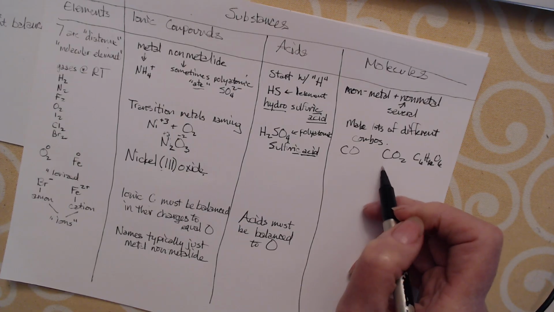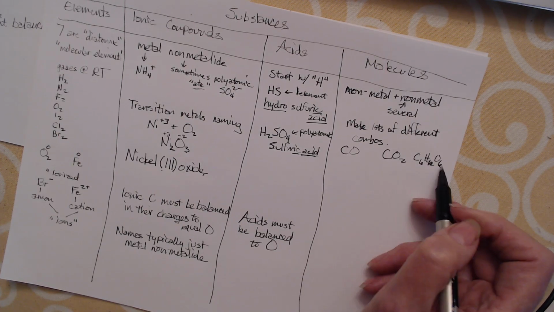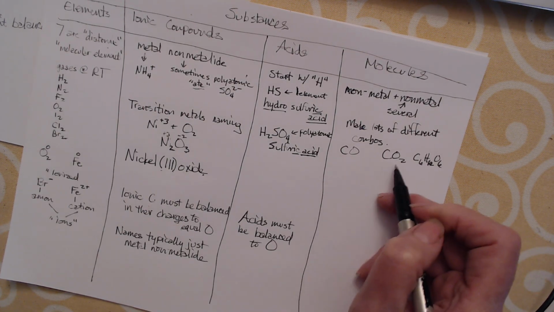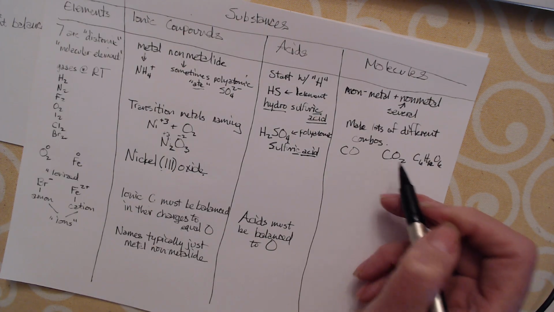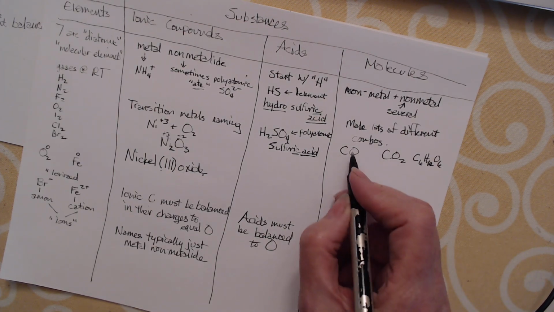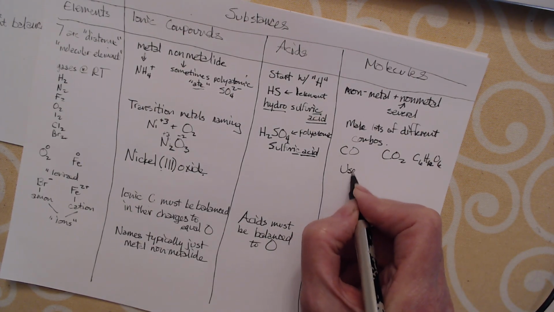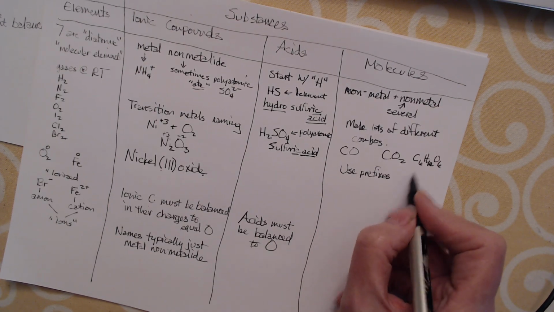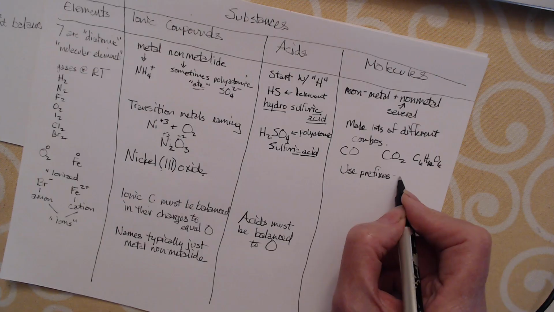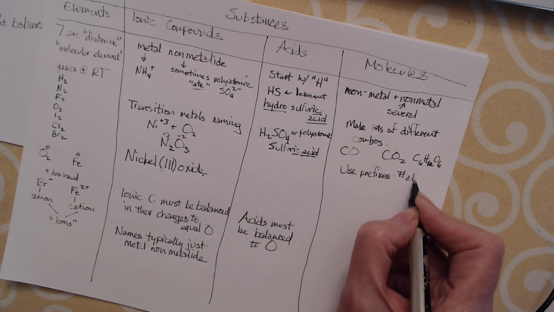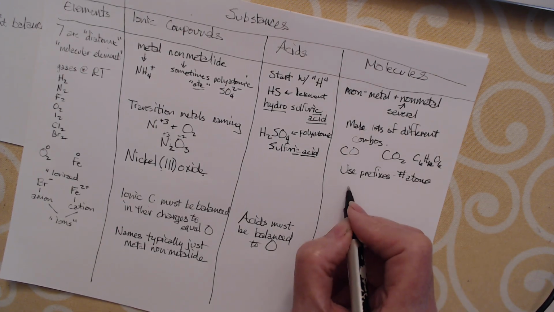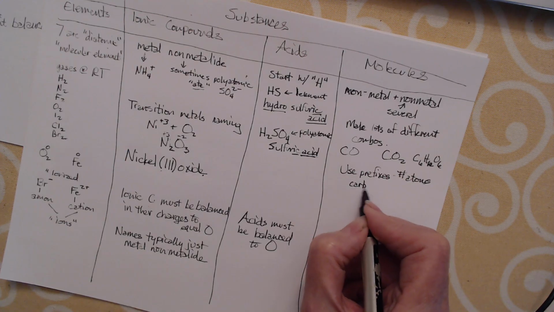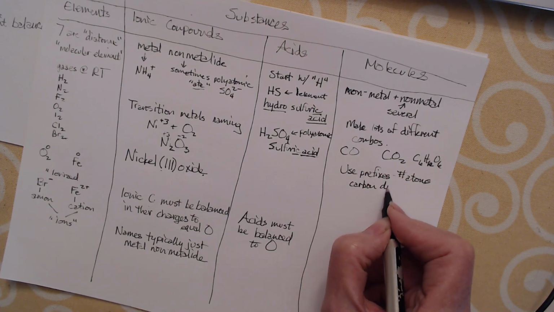So I need to be really explicit in my naming convention here so that you really get the sense of what it is. And therefore, what we do is we use prefixes. And they're used to get the number of that particular atom. And so we've got carbon dioxide.